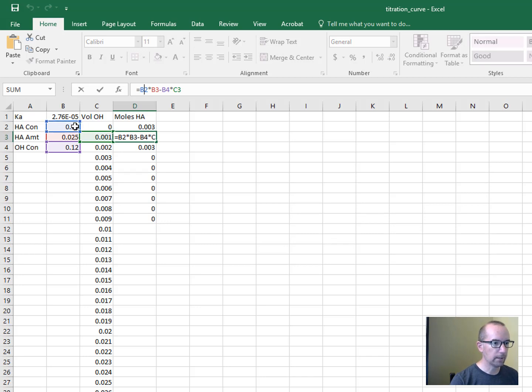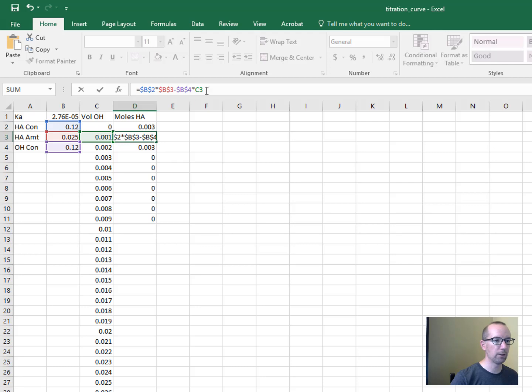B2, that is my concentration, so I want to keep that constant. I'm going to put a dollar sign in front of the B and a dollar sign in front of the 2. That's going to lock it into place. Times B3, the amount, so a dollar sign in front of the B and the 3. My OH concentration, B4, I'm going to lock that in as well, so it doesn't change. The only thing that is going to change is the amount that I'm putting in here.